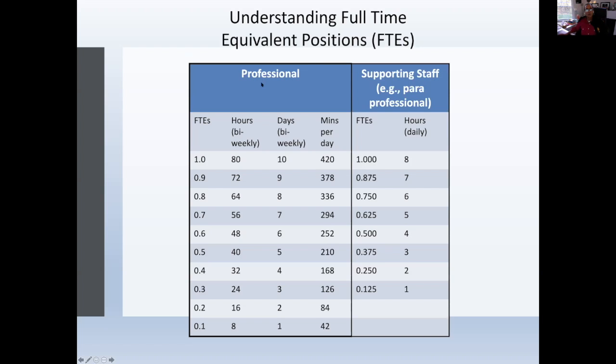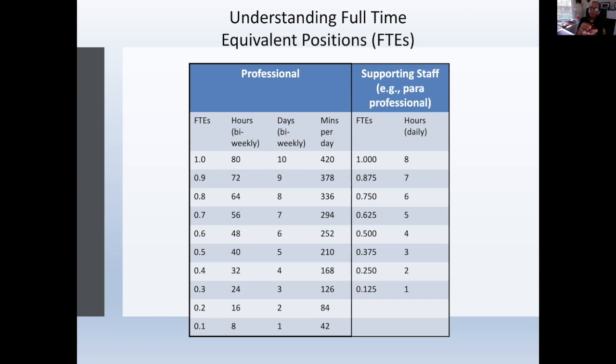Let us begin on the professional side of the table. Here I'm listing, in descending order, full-time equivalent positions. The 1.0 is an example of someone who is full-time. That is most of you, perhaps: you're working 80 hours within a 2-week period, working every single day, and that quantifies to 420 minutes of service per day.